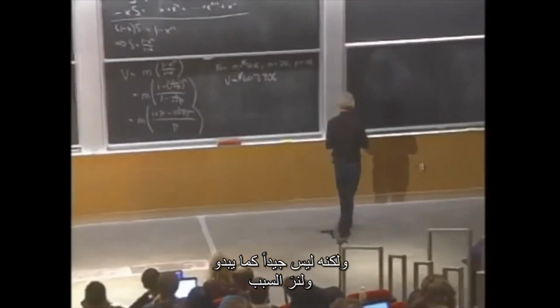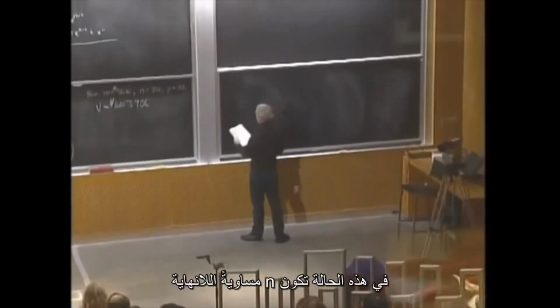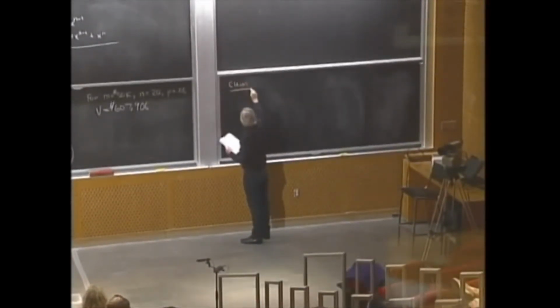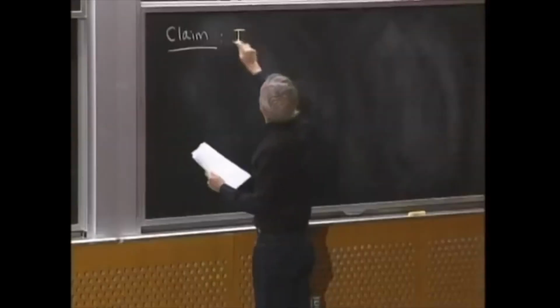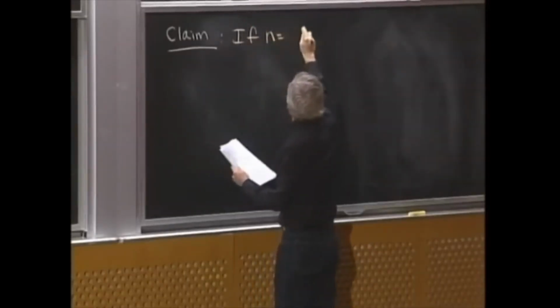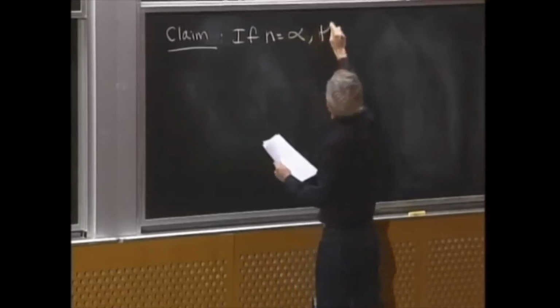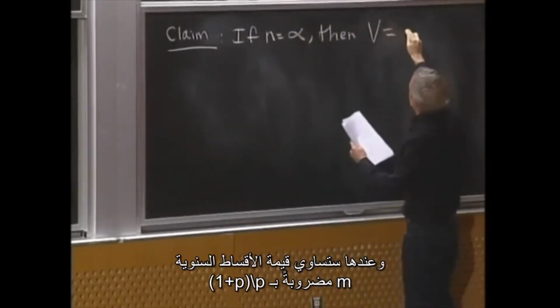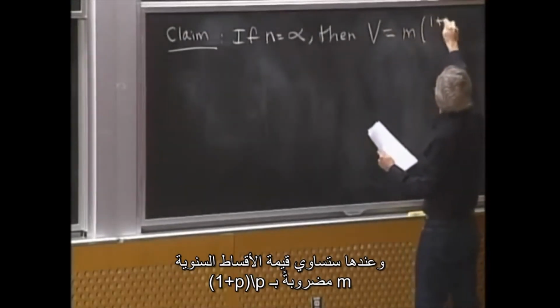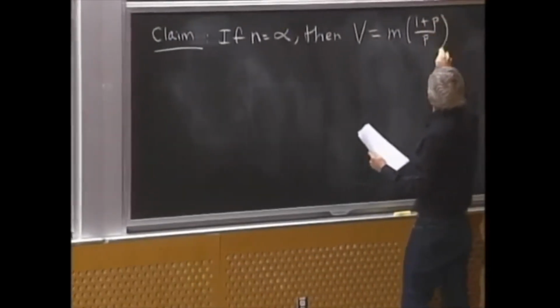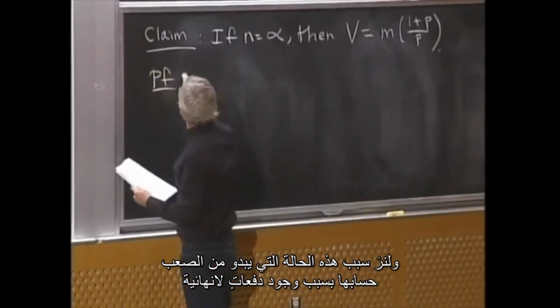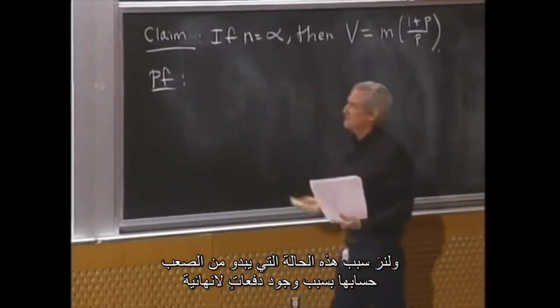Let's see why. So this is a case where n equals infinity. And so I'll claim that if n equals infinity, then the value of this annuity is just m times 1 plus p over p. Let's see why that's the case. It sounds hard to evaluate because it's an infinite number of payments.